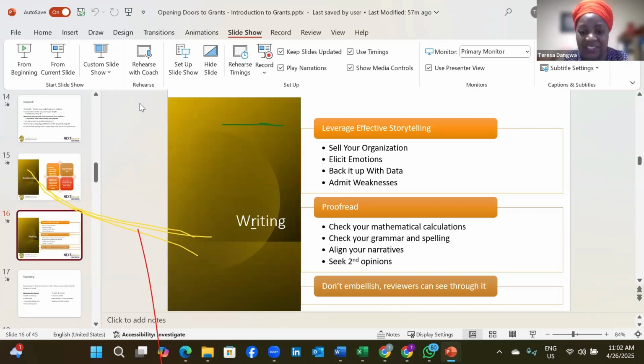They have a better understanding. You are giving them a lens to peek into your community by the way in which you tell your story. So sell your organization, elicit emotions from the person that is going to be reviewing your grant. Back it up with data and admit any weaknesses that this project might have.